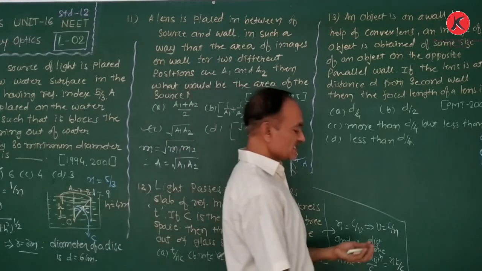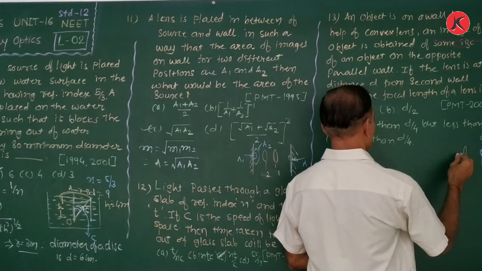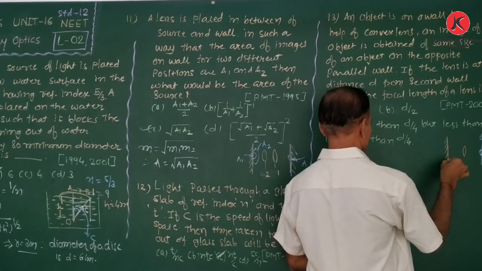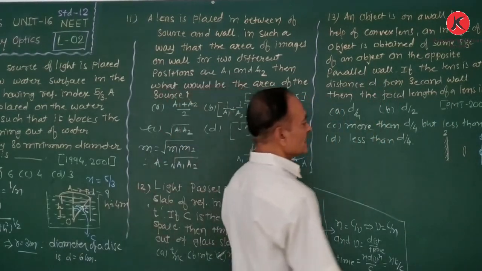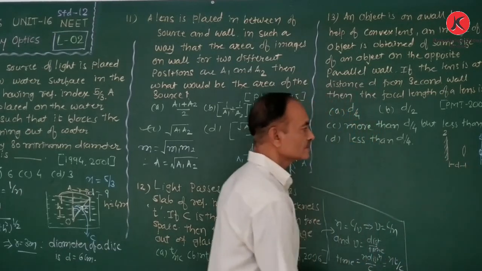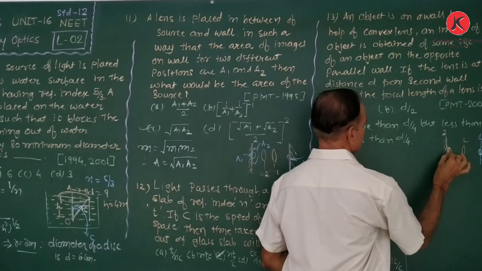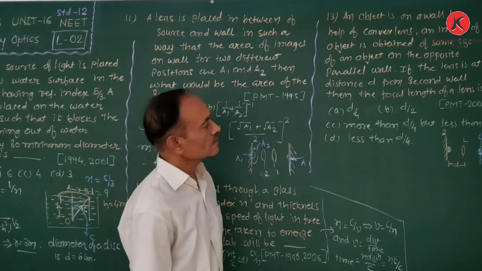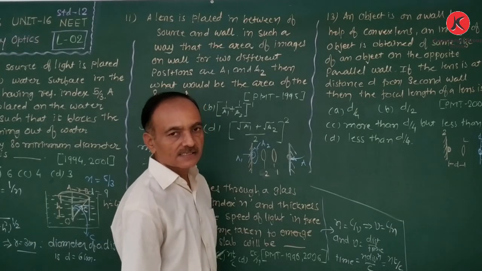The image of this source is obtained by the convex lens on the opposite and parallel wall. The lens is at distance d from the second one. There is the lens. The image is also the same size for the second one. So then the focal length of the lens is.